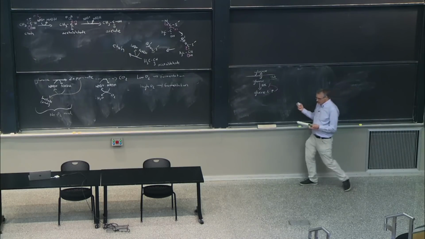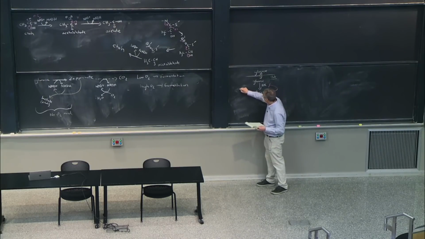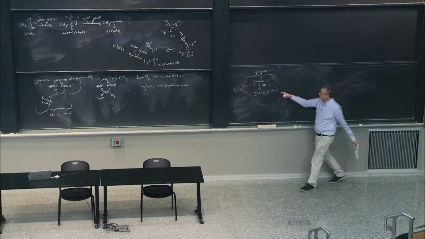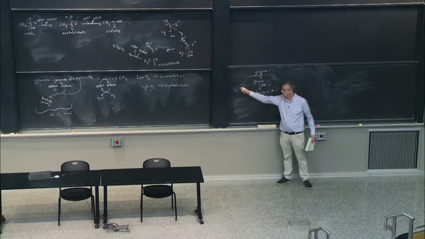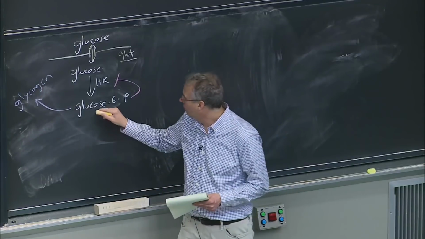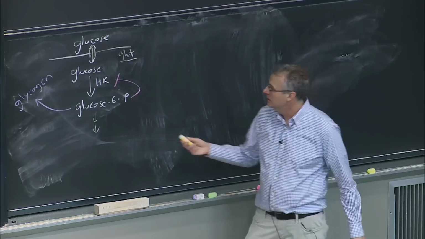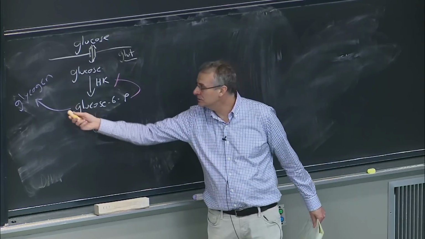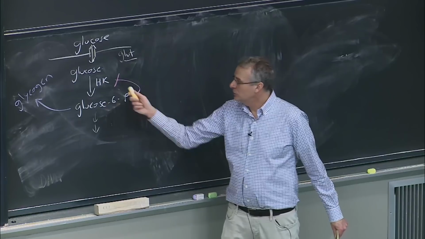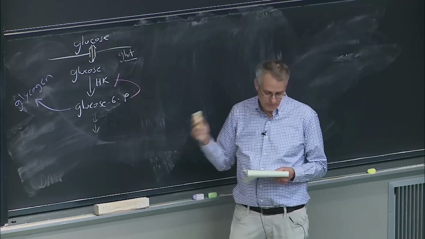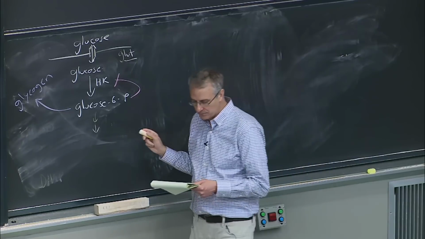Well, we will see in the next lecture that glucose 6-phosphate can be turned into glycogen in the case of mammals or starch in the case of plants. And so if you're going to store glucose, you can ship it off into glycogen, or you could commit it further down into glycolysis. But if you don't need it for glycolysis and your stores are full, you'll build up glucose 6-phosphate. You want to inhibit hexokinase to keep things from flowing through the system.